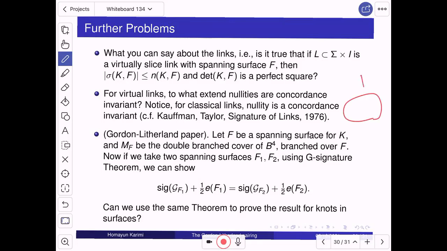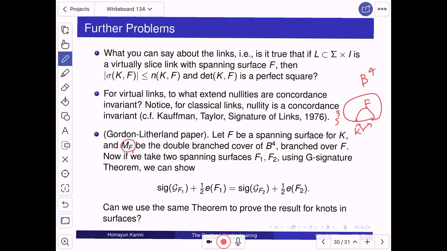I have the four-ball, the boundary is S3. My knot K lives inside S3, and there is a spanning surface F bounding this knot. Push the interior of the surface inside the four-ball. Now you can look at the double branched cover of the four-ball over this F. You can call this double branched cover M sub F.